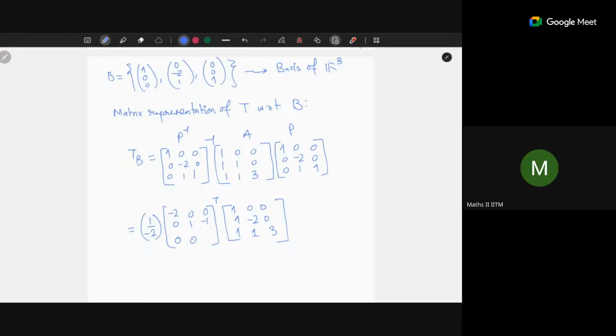For the 3 3 entry, it is minus 2. All right, now we need to transpose this. Sir, for 2 3 it will be 1, not minus 1. No, it will be minus 1, because it is minus 1 to the power 2 plus 3, so a minus 1 factor will be there.